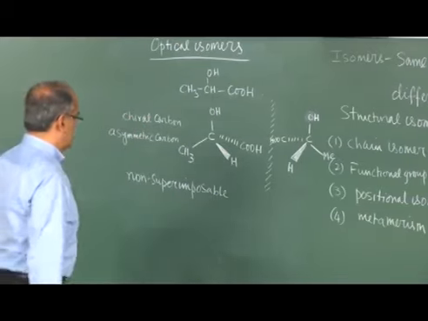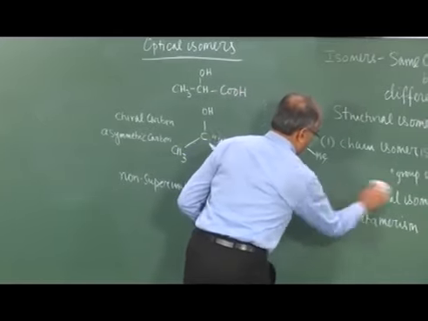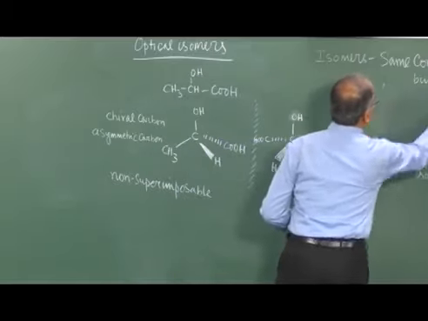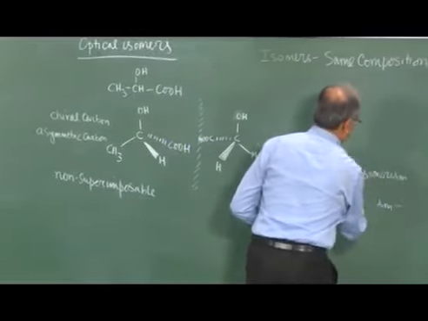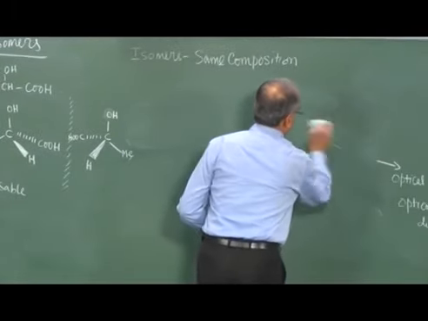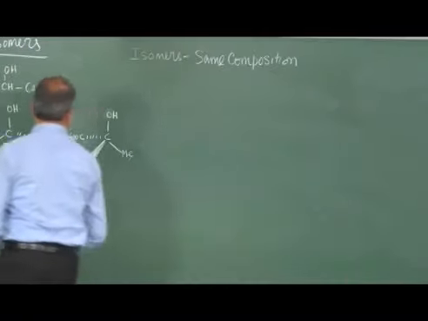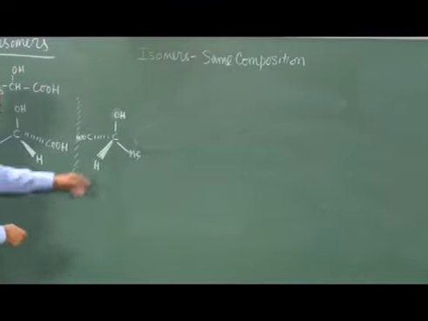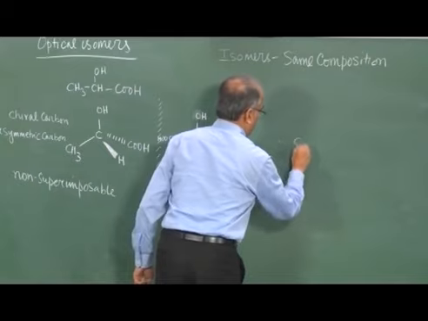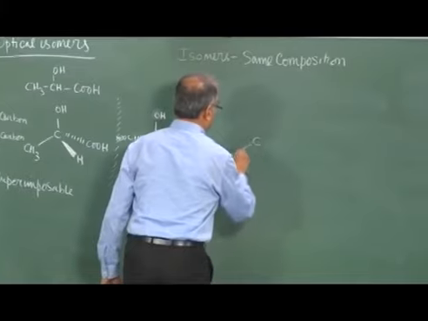Now, let me illustrate this with a different way of drawing the structure. Let us say, for example, I view the molecule along the carbon hydrogen bond. Let us say I am standing in the back side of the blackboard and looking at the carbon hydrogen bond. So, I will be looking at this carbon and these 3 groups that are attached to it.